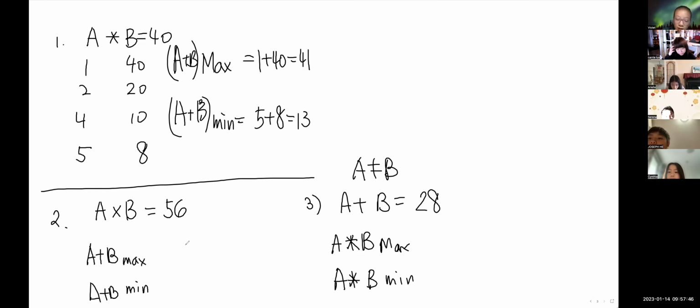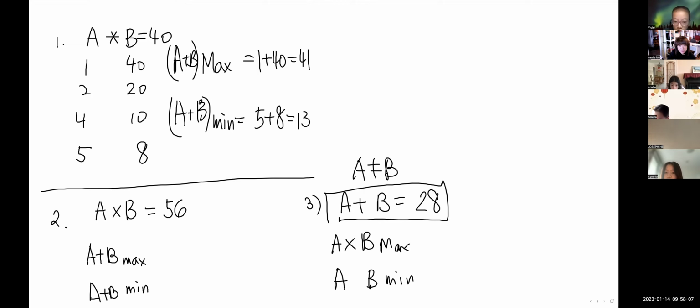Carrie, I don't understand the second question. Second question 一样啊，2个数字加起来等于28，那有多少？这是上个星期学的，一样啊。那你也 make a table 啊。I want you to calculate what is a times b maximum, what is a times b minimum. That's the same thing. I finished both of my questions. I sent you both of the answers. I sent you my new answer.